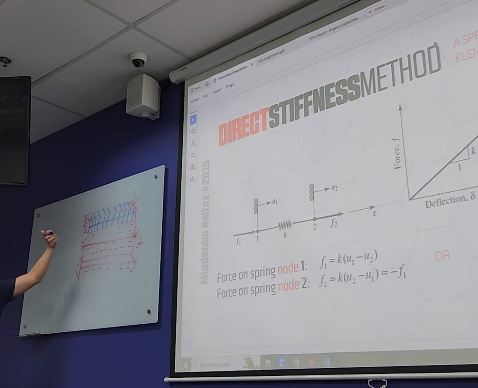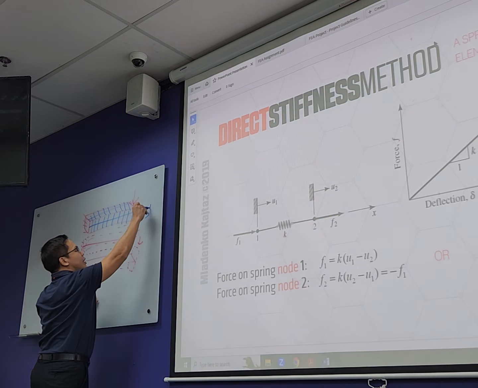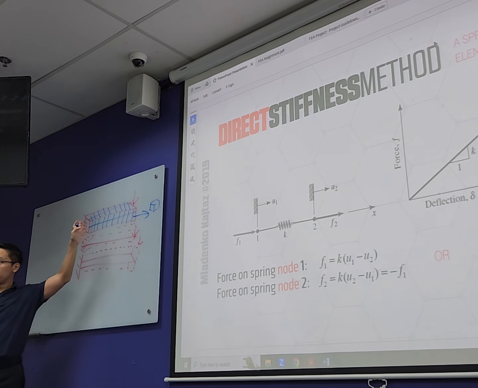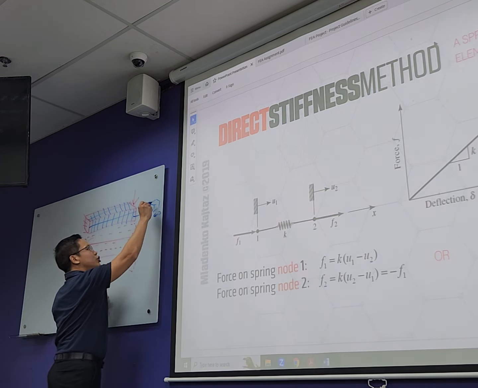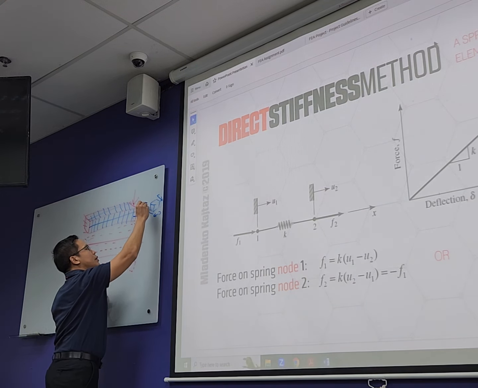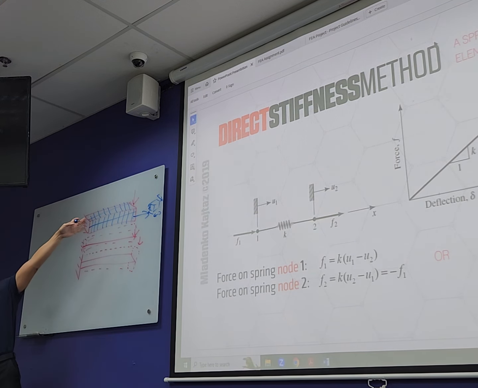So I'm interested in every node, every cube, what's the force under this force here. It could be in all three directions. The stress will be in all three directions.